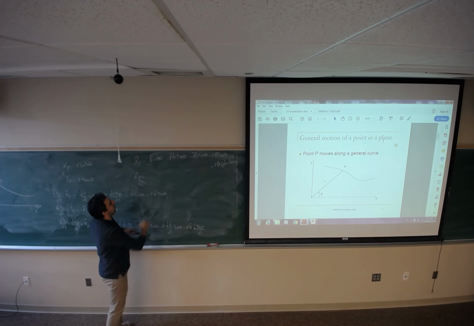So negative 2 r dot theta dot sine of theta, negative r theta double dot sine of theta, and negative r theta dot square. So this one has 1, 2, 3, 4 terms for the x component.